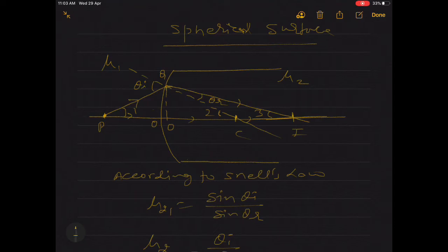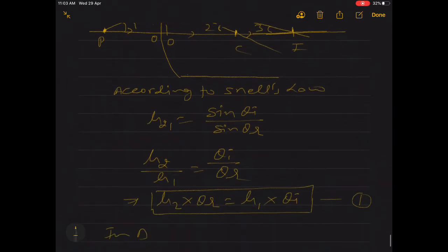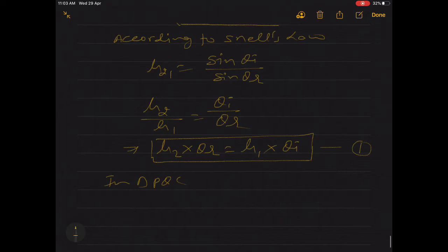So if I take triangle PQC, then can I use the exterior angle property? Yes. This angle theta I would be angle 1 plus angle 2, in triangle PQC, theta I is equal to angle 1 plus angle 2, exterior angle property.